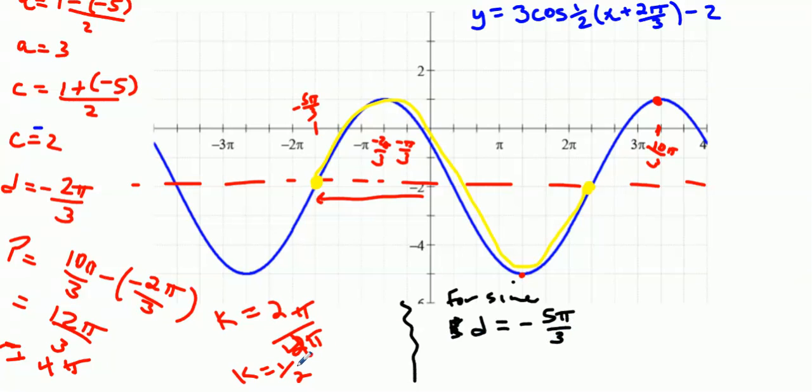Everything else, our k, our a, and our c stays the same for sine. So up here, I'm going to write y equals 3, same sine, same half times x, and instead of 2 pi by 3, we're going to have 5 pi by 3, change the sign, and this is going to be minus 2.